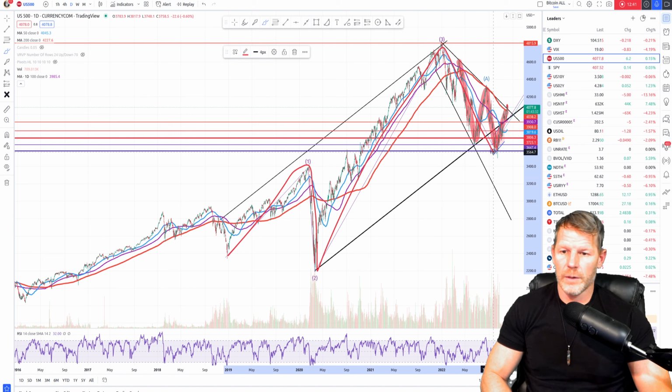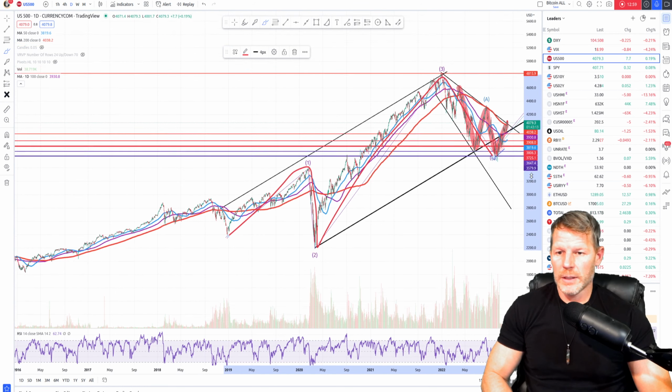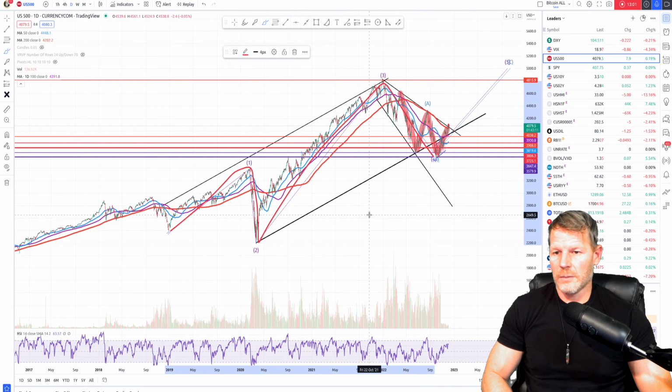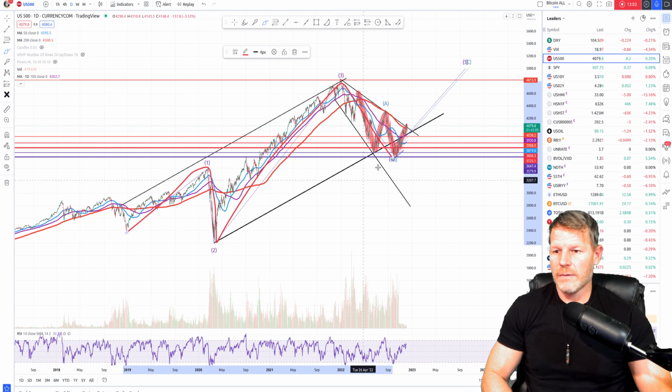I was very concerned at this point when we were down here that we might break this bottom level of support, and then this thesis that I have regarding Elliott wave and our blow-off top would be incorrect. But we did not. We maintained that support. And I'm going to break this chart down a little bit. And now wave number 5 is already underway.